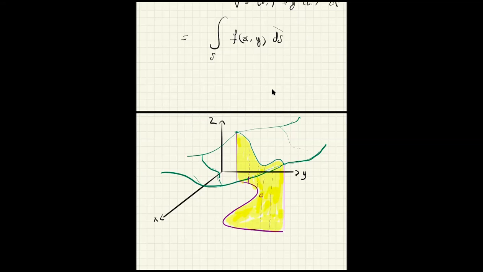Okay, I don't know if it's clear or not, but is it clear? It's clear. Right? So at each point on the curve there is an image on the surface.